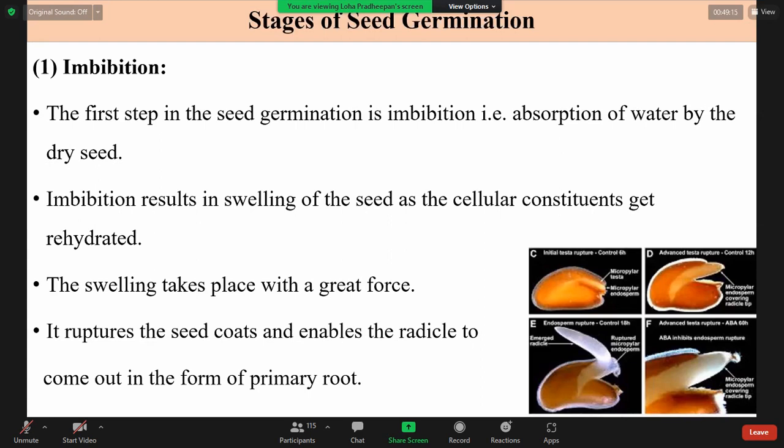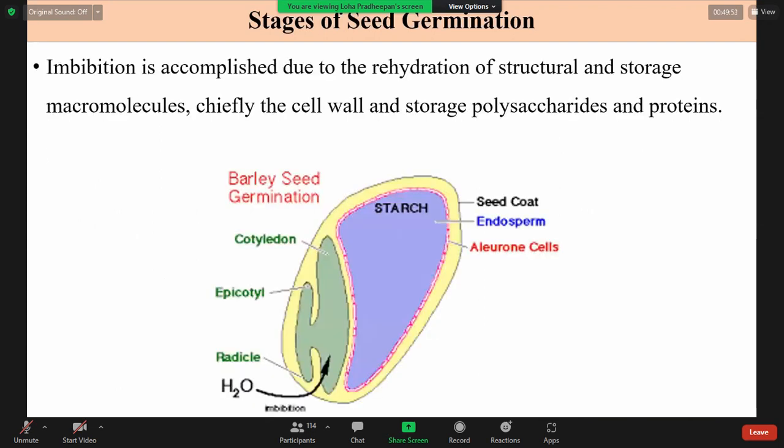So if we put the seeds for soaking, it absorbs the water and the seed swells. Then the structural and storage macromolecules that are present in the seed, like carbohydrates or polysaccharides, and proteins, should be converted.